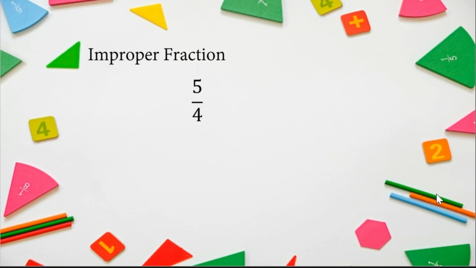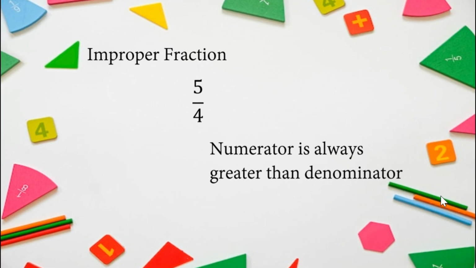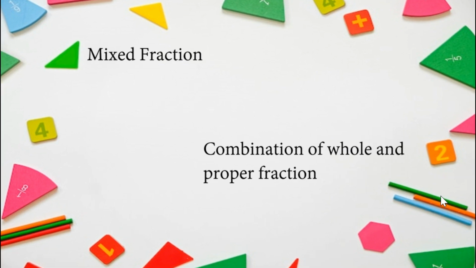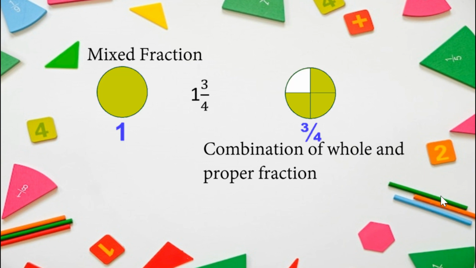An improper fraction example is this. If you observe this fraction, the numerator is greater than the denominator. Along with this, we have the mixed fraction. A mixed fraction is a combination of a whole number and a proper fraction, and it can be written like this. Here 1 represents the whole number, a complete portion, and 3/4 is a proper fraction.